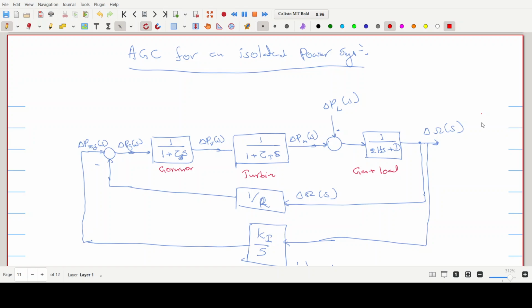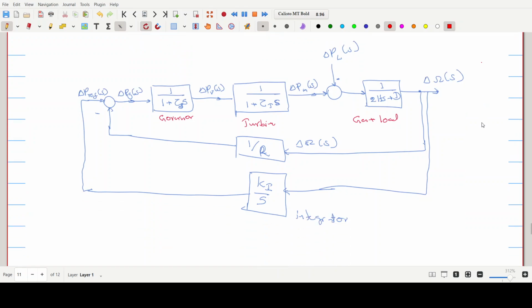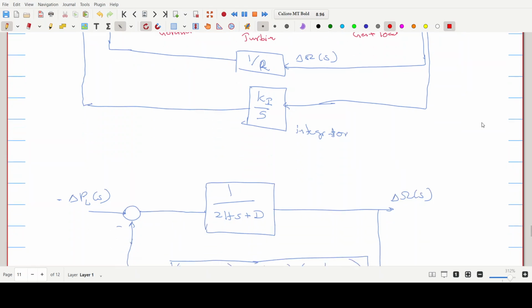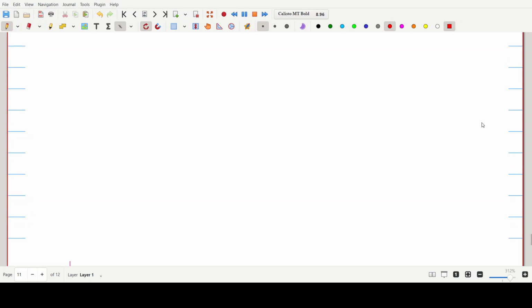For easy explanation, we will take two such generation units and explain their behavior, and then once they are connected through the tie lines, what will happen to the tie line and so on. But before going to that, I will give you a simple question for you to try.